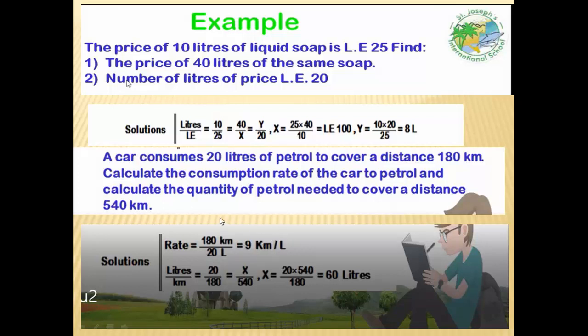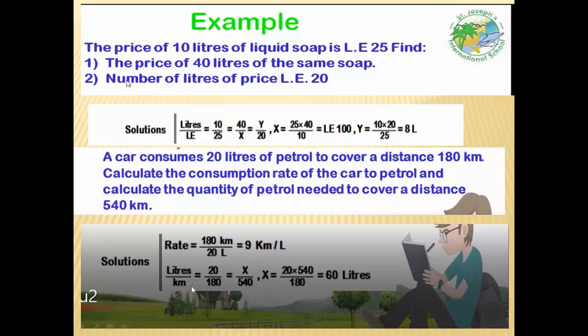Kilometer by liter. Then if we have 180 kilometers over 20 liters, then equal 9 kilometers per liter. Okay, calculate the consumption rate of the car to petrol and calculate the quantity of petrol needed to cover a distance of 540. The distance is 540, we need the number of liters.